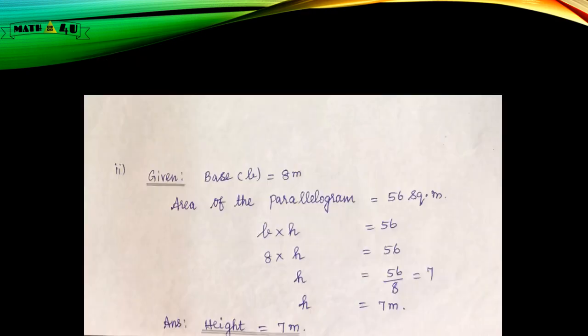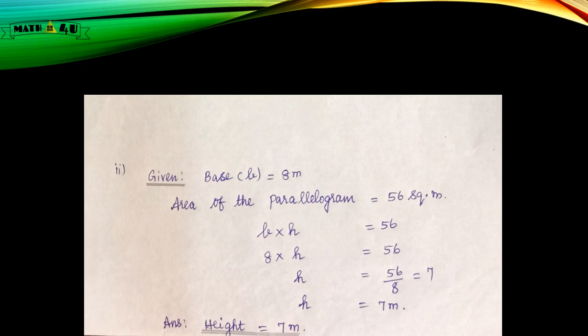In the next sum, base is given, area of the parallelogram is given. You are asked to find the height of the parallelogram. Base is equal to 8 meter. Area of the parallelogram is equal to 56 square meter. We know the formula, base into height is equal to 56.